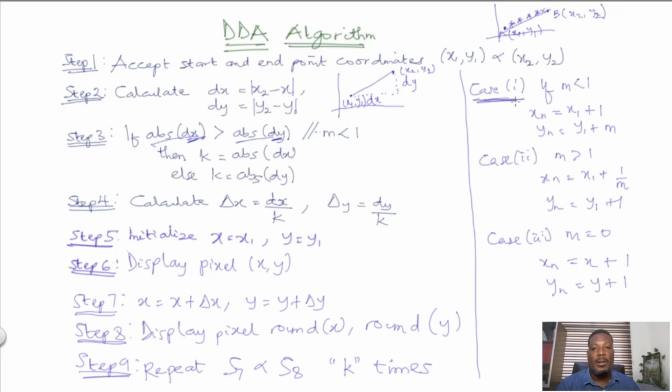In that case, you have the value of y far lesser than the value of x. So when the absolute value of x is greater than the absolute value of y, m is less than 1, then k will be represented as the absolute value of x.